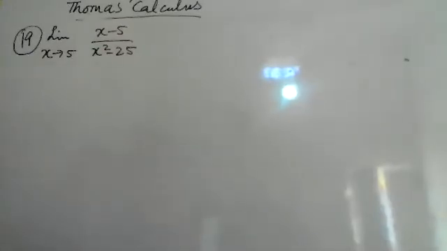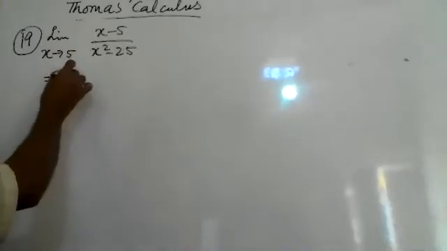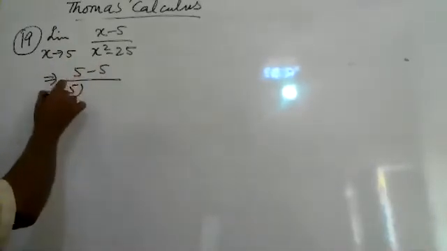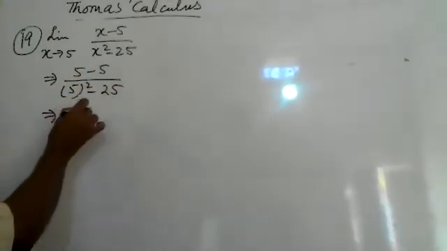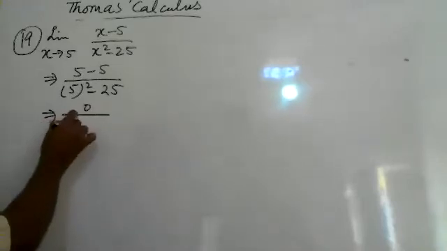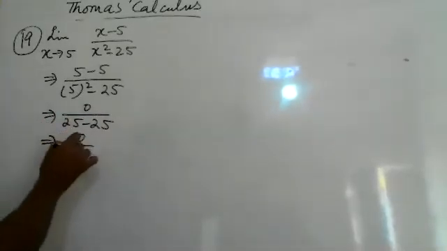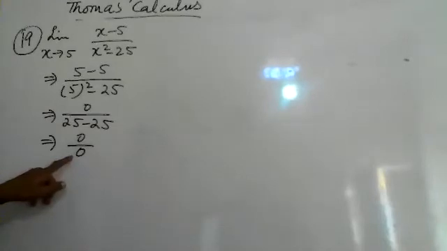Again, we will use the same method as we have previously done. We will put the values. This is 0 upon 0. I already told you that in the denominator 0 is not acceptable.